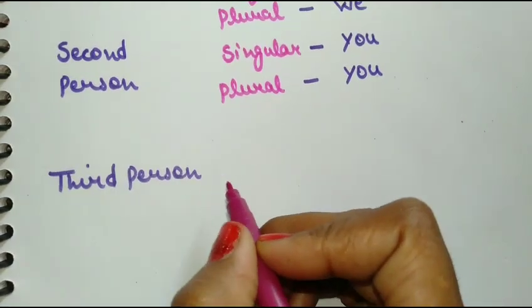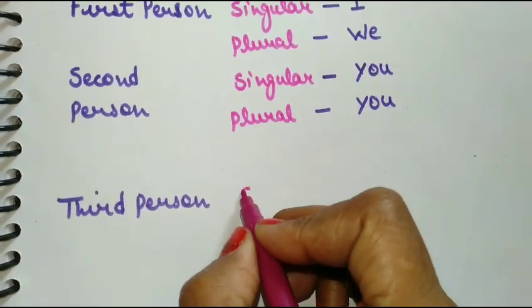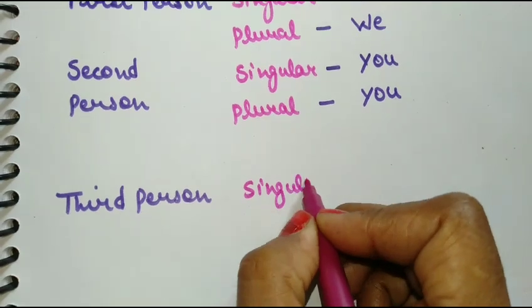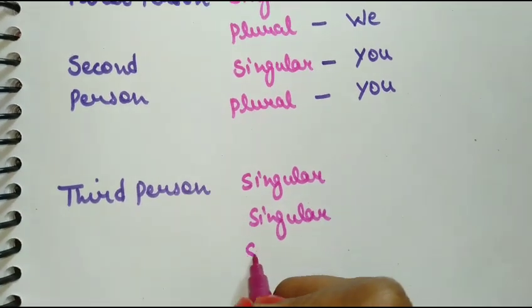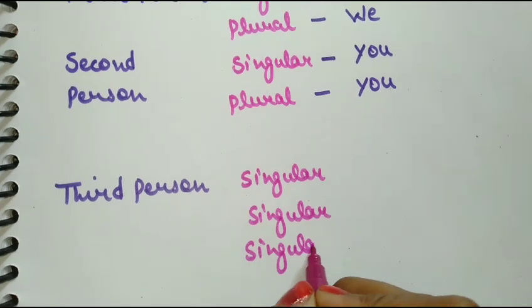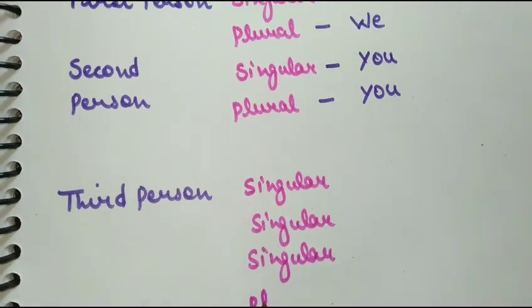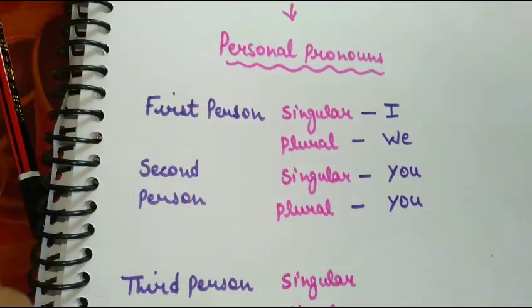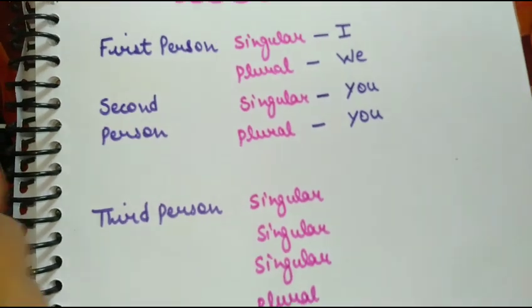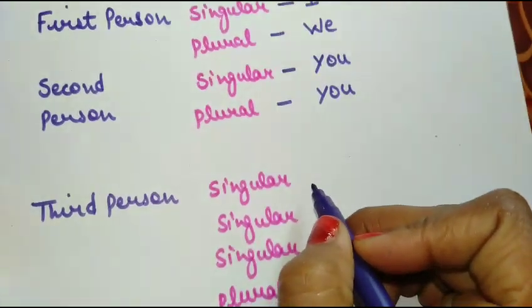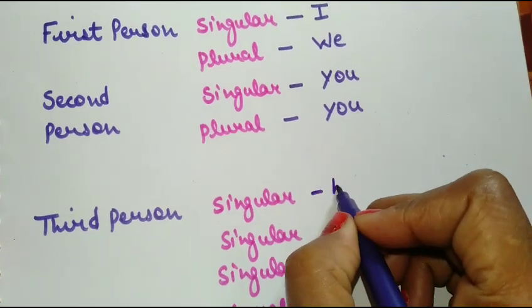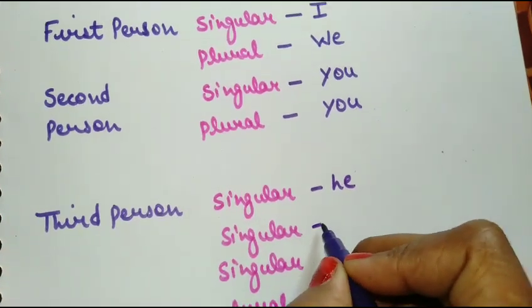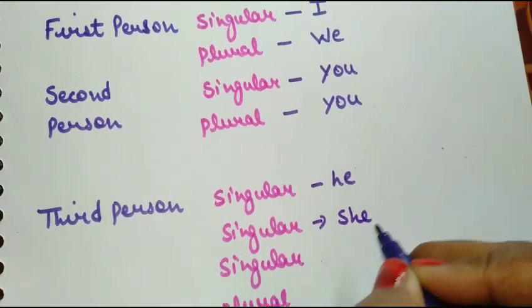Now I am going to talk about third person, singular and plural. For third person singular, the subjective case will be he. Next one, she.